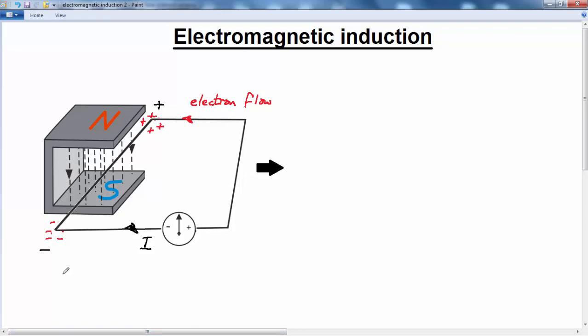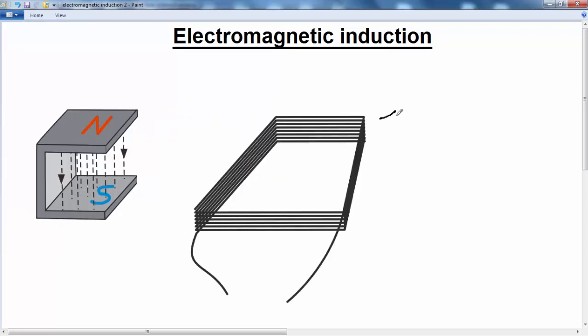In other words, we can wind this cable into what is called a coil or a solenoid. So instead of the loop we've got this. We call this a coil or a solenoid. It's not a circular solenoid, it's a rectangular solenoid, but it's still a solenoid. I've done it in a rectangular way just to keep things simple.